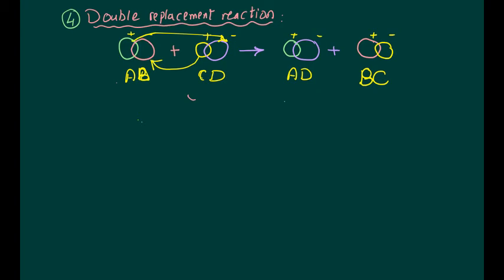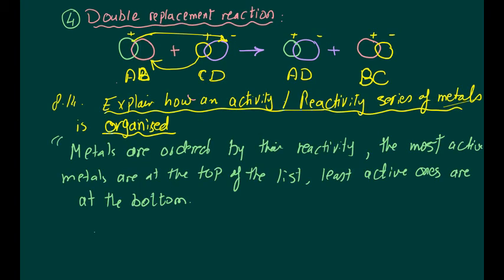So, in the chemical activity series, metals are ordered according to their activity, in a way that the most active metals are at the top of the list, while the least reactive ones will be at the bottom.